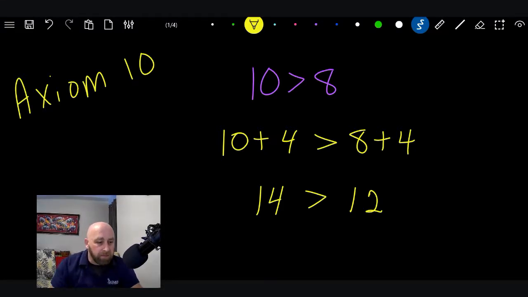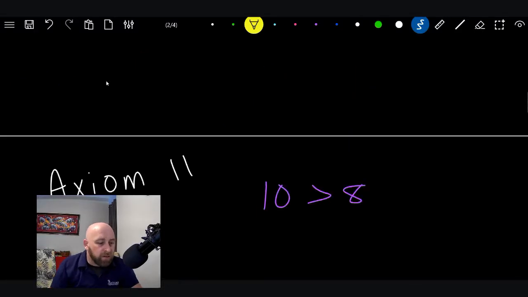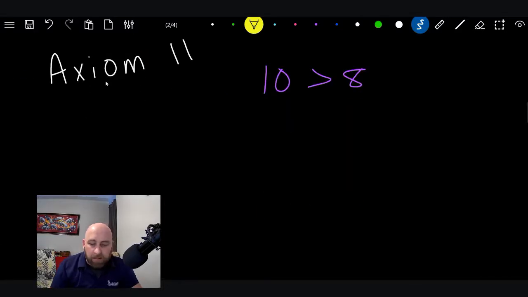All right, very good. Let's skip down there to the next one, axiom number 11. Axiom number 11 says, if unequals are multiplied or divided by equals, the results are unequal in the same order. Let's do multiplied. Let's stick with the 4, that way we're consistent all the way through. We're using 10 and 8. 10 is greater than 8 again.